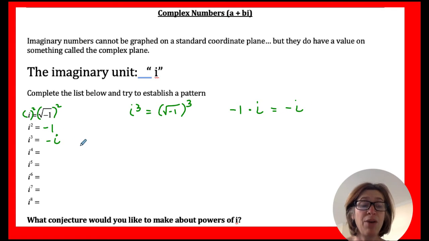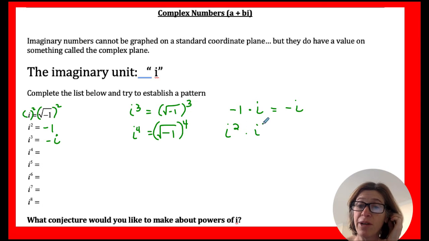Now, if we raised it to the 4th power, that would really be i squared times i squared. So -1 times -1 would give me 1. And if we keep going with this, we're going to get i, -1, -i, 1.